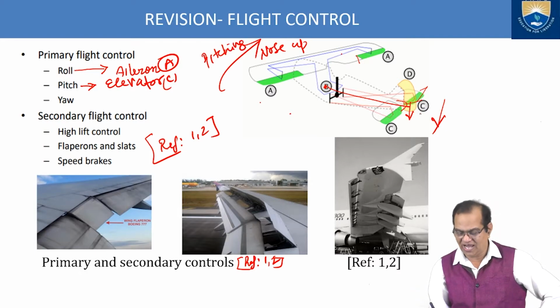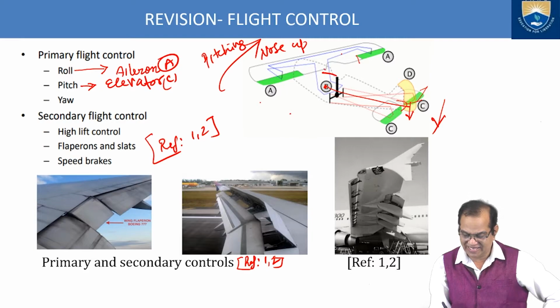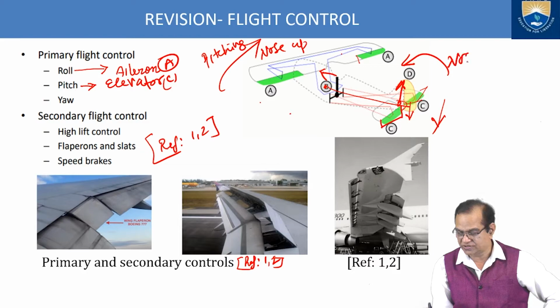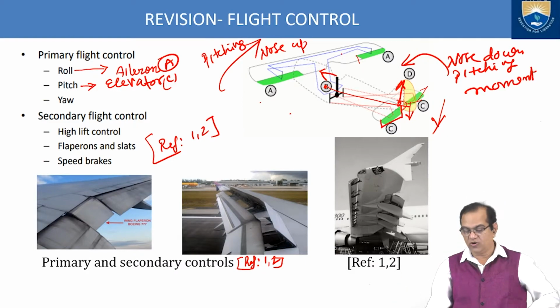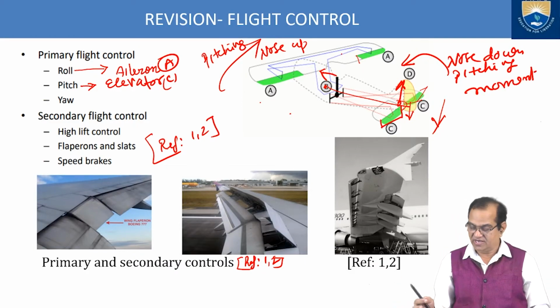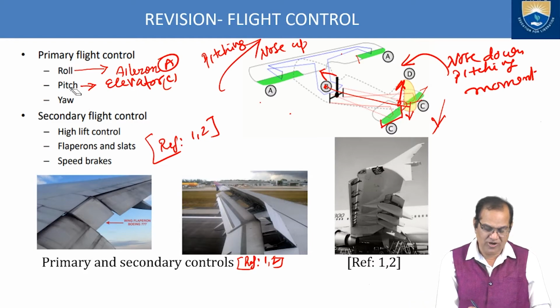And the opposite will happen if I push like this, then angle of attack will increase like this. Force will be here like this and it will make it like this. It is a nose down pitching moment. Okay, that is the difference between roll and pitch.